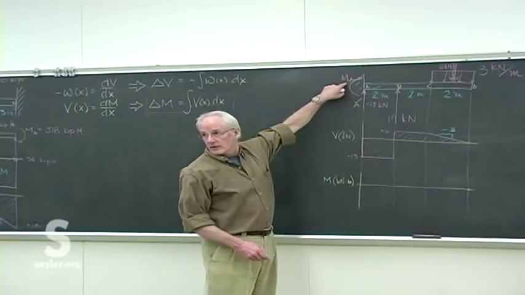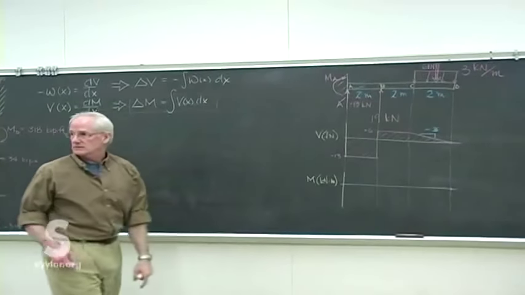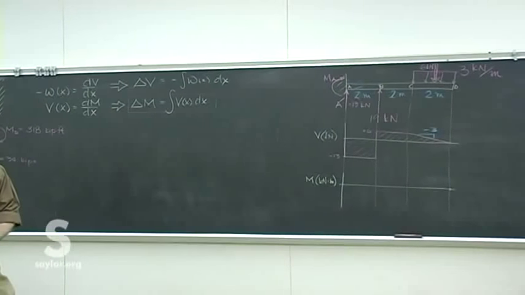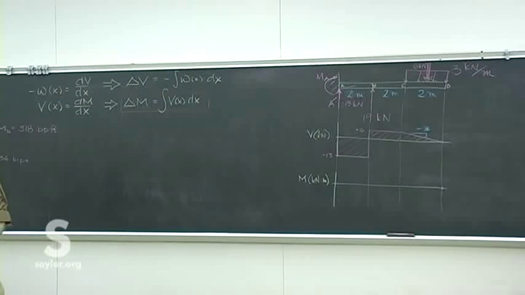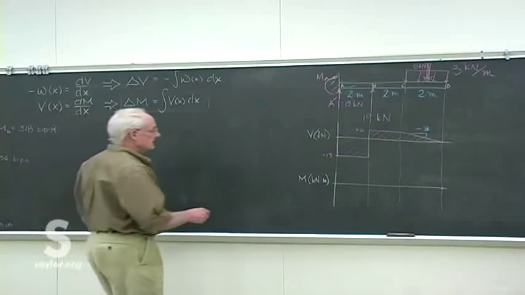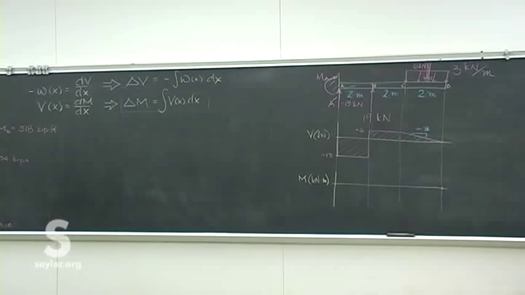What do you have for the moment supplied by the wall, the reaction supplied by the wall? You're going to need that. That's going to give us the starting point on the moment diagram. It's not zero there because of the cantilever support.